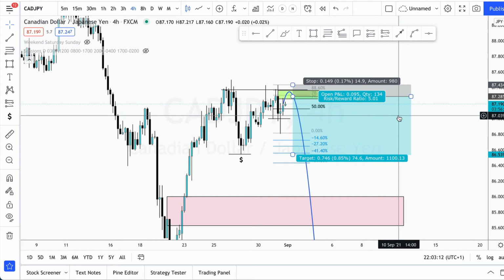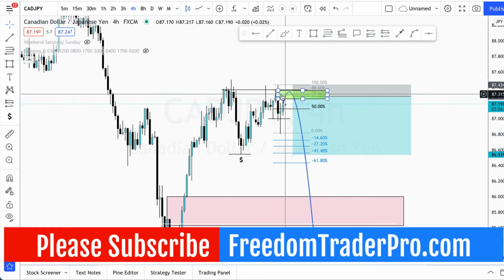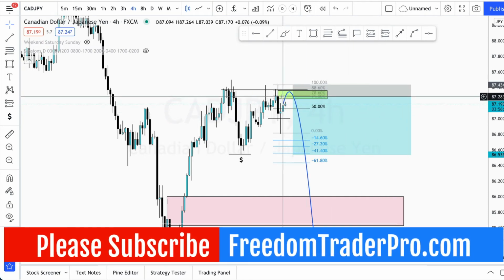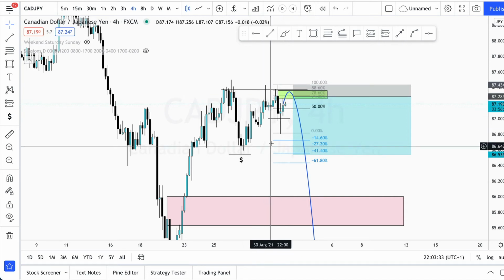Now, as I say, I'm potentially going to have a look at this in the morning, see what's going on, and get an entry in here somewhere. This markup, as I say, is not meant to be any trade advice or signals or anything like that. I'm just literally marking up what I see on the chart.